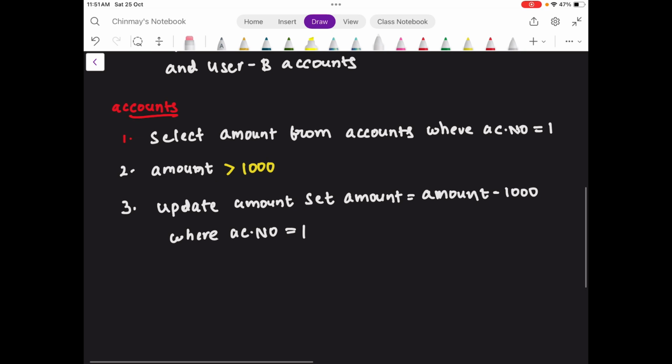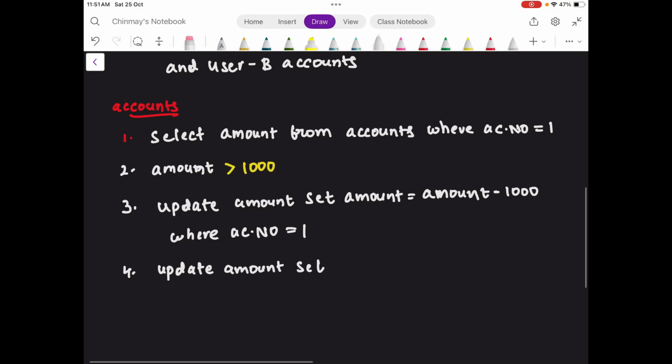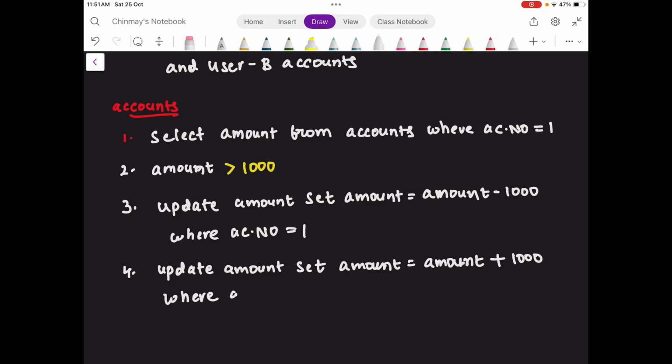Next, update amount: set amount equal to amount plus 1000 where account number is equal to 2. These are the statements involved if you transfer money from user A to user B.